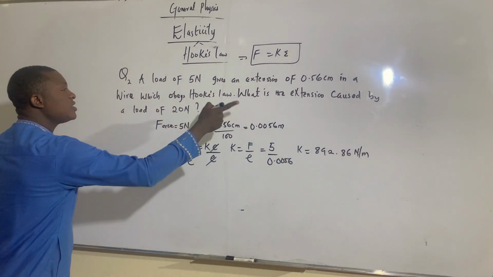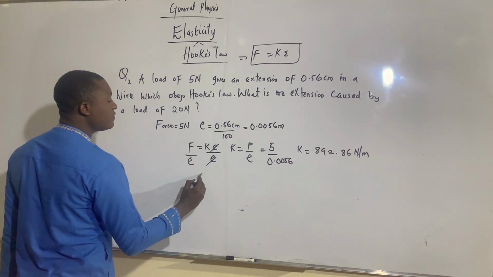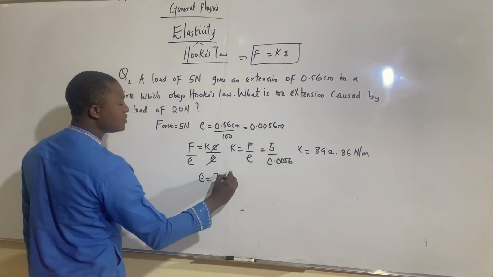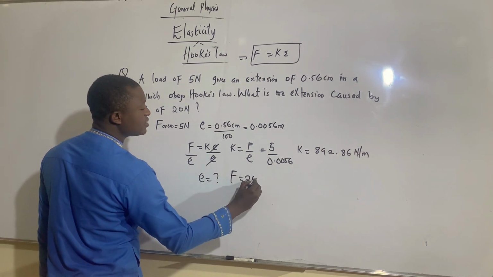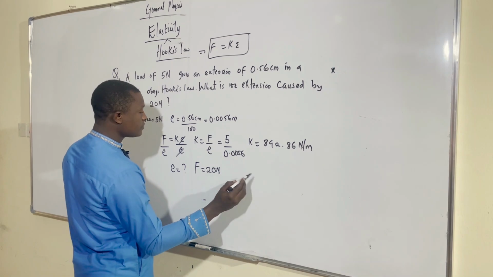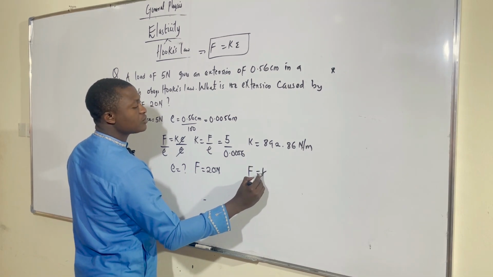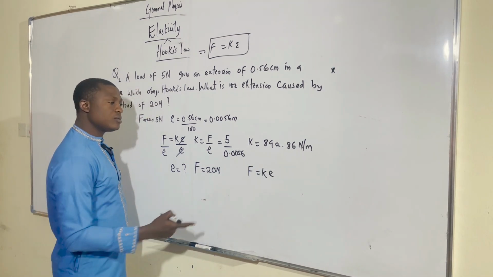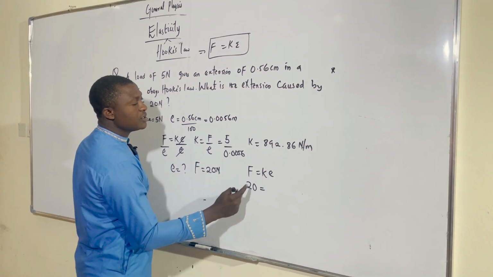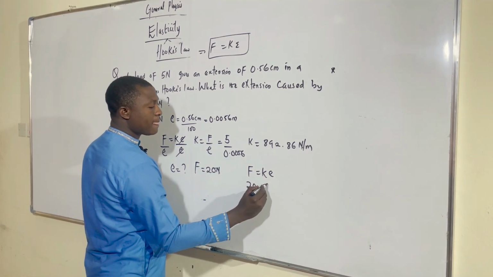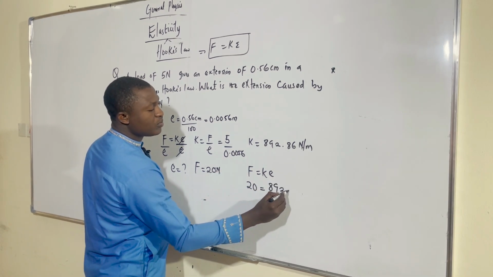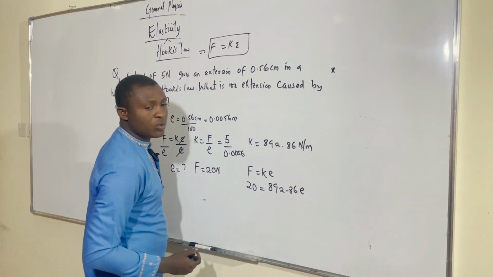So the question can go further. They said, what is the extension caused by a load of 20 Newton? Meaning we should find the value of our extension now. That is when the force is equal to 20 Newton. Just go to the formula the same way. That's F is equal to KE. So the force we have is 20 Newton. That's going to be 20 Newton is equal to K, which we have gotten as 892.86, times extension.